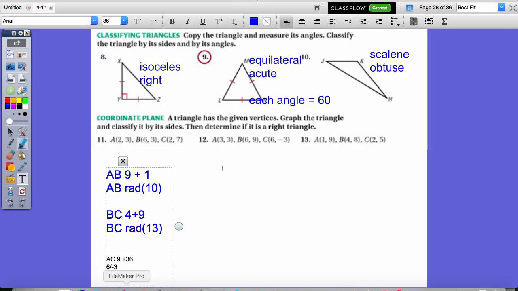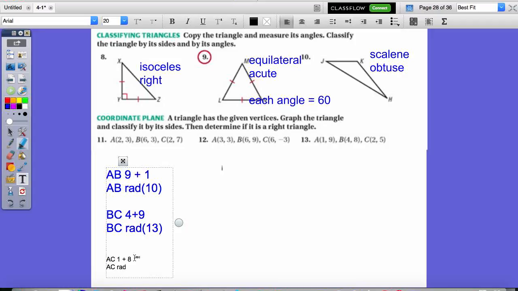And then for AC, 1 minus 2 is negative 1, quantity squared is 1, plus 9 minus 5 is 4, quantity squared is 16.